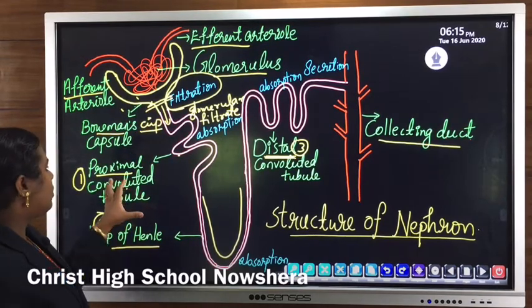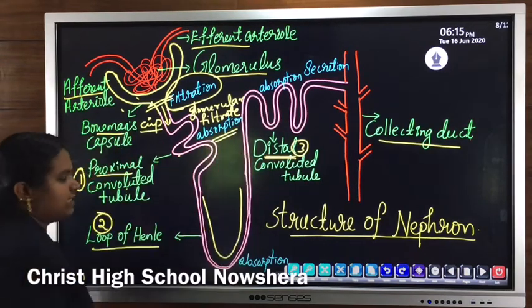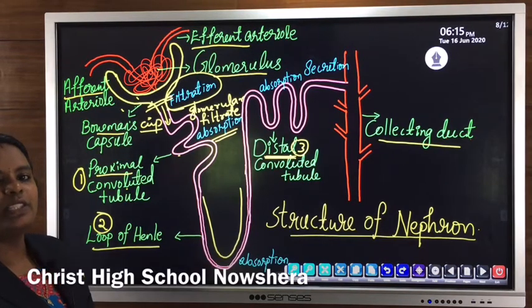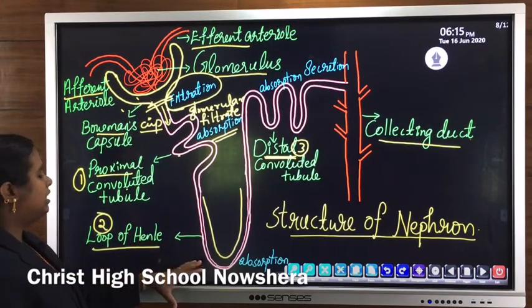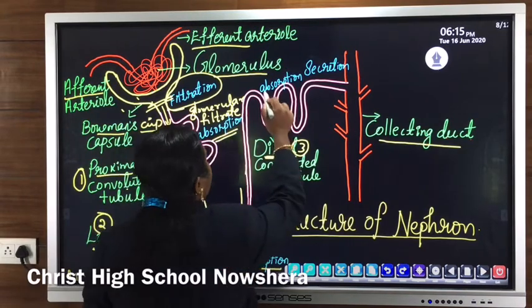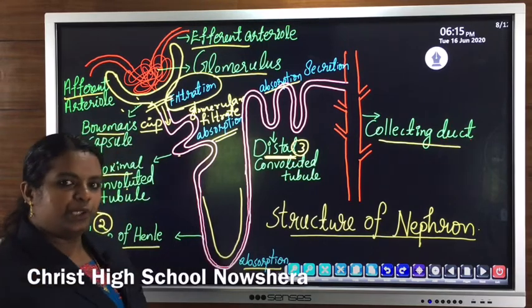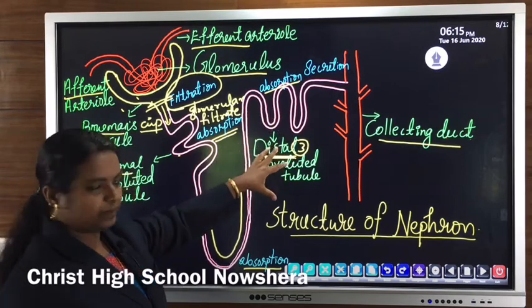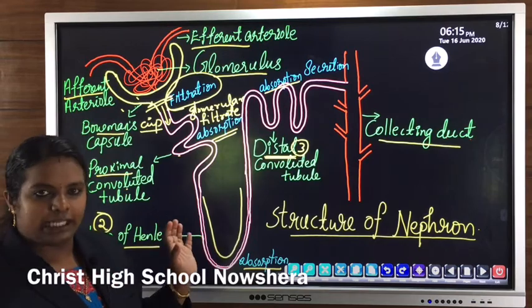Then from the proximal convoluted tubule, the absorption of useful substances like glucose, amino acids and some salt takes place. Further absorption takes place from the loop of Henle, then further absorption from some part of the distal convoluted tubule. So almost all the useful substances are absorbed from these parts and returned to the blood.